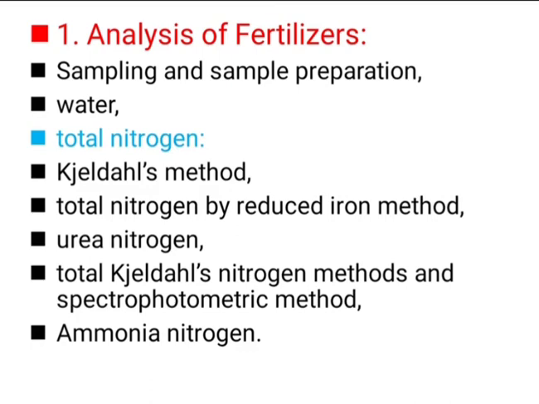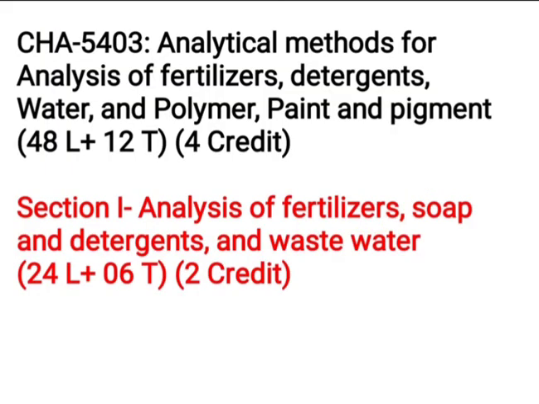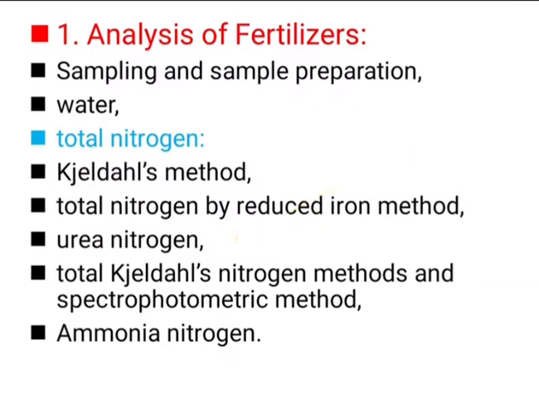So, our first element is nitrogen, and nitrogen is estimated by various methods such as Kjeldahl's method, total nitrogen by reduced iron method. Then third method is urea nitrogen method. Next one is the total Kjeldahl nitrogen method and spectrophotometric method. Then ammonia nitrogen method. So nitrogen is estimated by using these 5 processes.